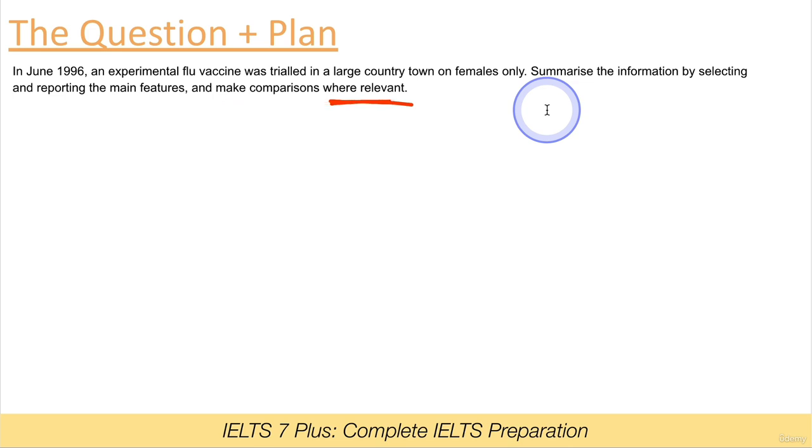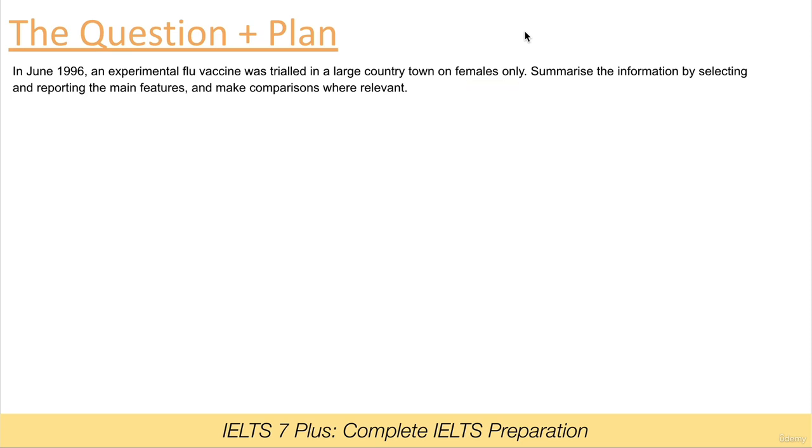So not for every single thing, only when it's particularly important or striking. Okay, so let's have a look at this question a bit more. So in June 1996, we're focusing on an experimental flu vaccine that was trialled in a large country town on only females. So not males, just females.